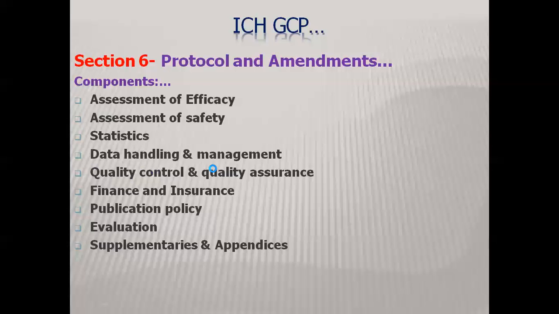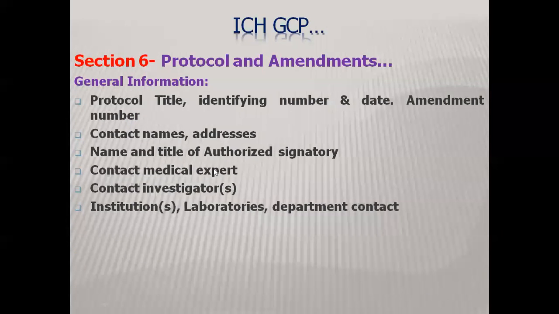And we have also seen a template of a protocol in which we have seen all this data, how it is included and what exactly you should be writing in the protocol. So general information is protocol title, so maybe we'll not go into detail of this protocol writing, but this is what we have seen.